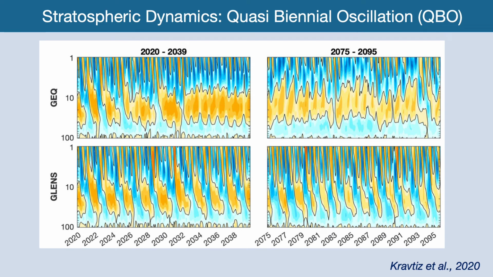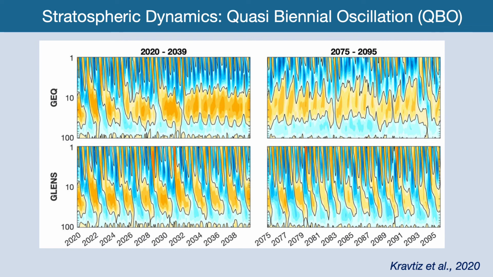Stratospheric aerosol intervention also impacts stratospheric dynamics, in particular the Quasi-Biennial Oscillation, or QBO. What you can see on the top is an experiment where we did not inject at the four-point locations like GLENS on the bottom, but just at the equator. Depending on the injection location, the QBO might actually shut down with stratospheric aerosol interventions, as can be seen here after the onset of the injections.